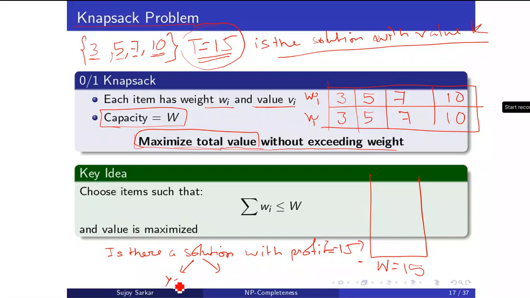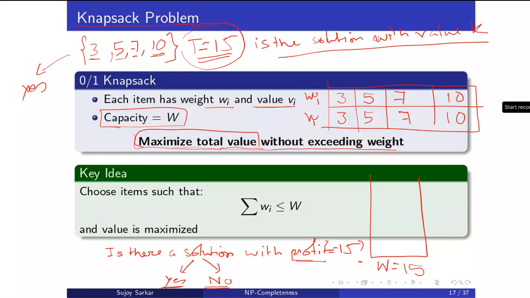Yes or no. And we'll see that whenever there is a solution, then the answer to this question will also be yes.